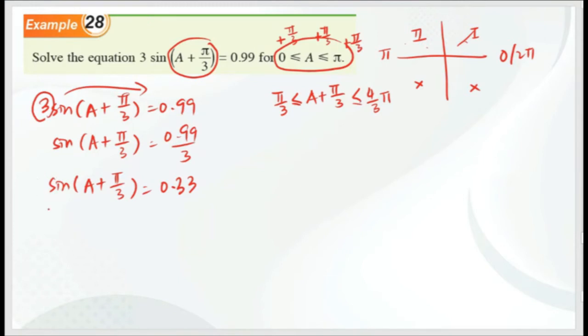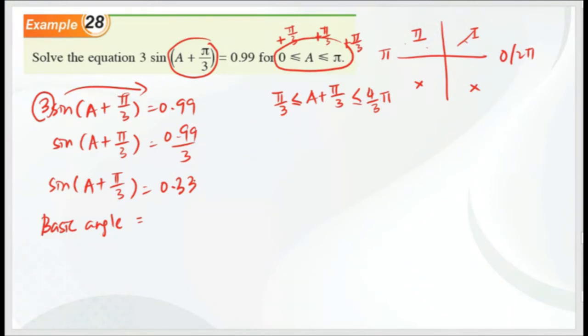Okay, 0.33. Because it's sine angle, we don't have other things already, so now you only use the shift sine. Use the calculator to press shift sine, then you get the basic angle. We have to change the angle into the radian form. Remember the question wants you to change it into the radian form.